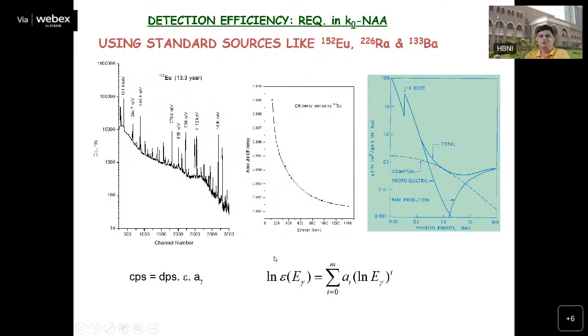This is how we do it. We use standard sources of 152 europium, 226 radium, and 133 barium. They have many gamma lines, so these sources can be used both for energy calibration as well as for finding the efficiency calibration.